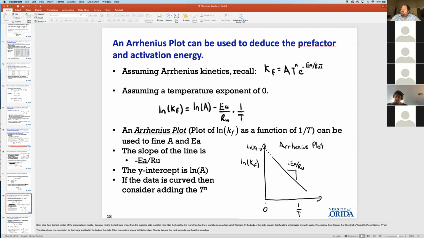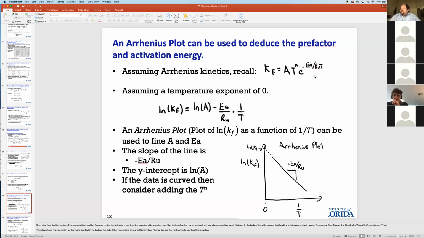So assuming Arrhenius kinetics, which means we assume that the rate constant is of an Arrhenius form, we can assume that the forward rate constant is a prefactor times temperature raised to an n, times an Arrhenius term here. And remember, this Arrhenius term is just the fraction of successful collisions that promote the chemical reaction.